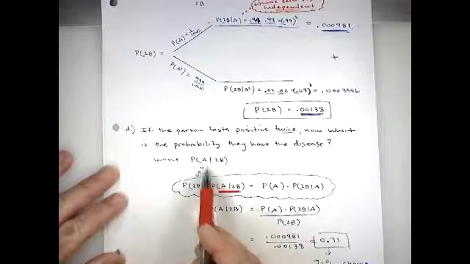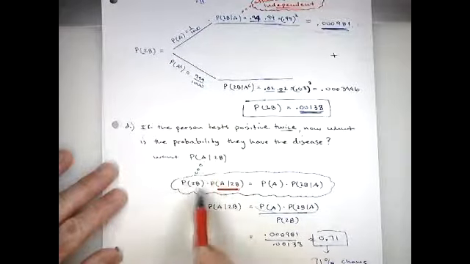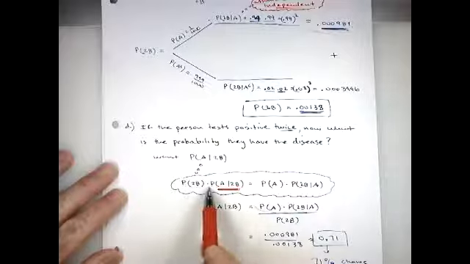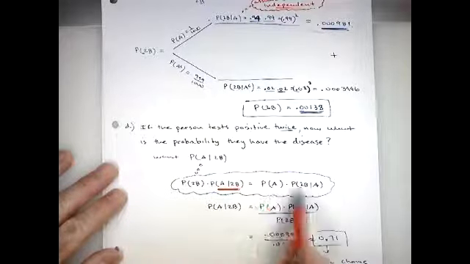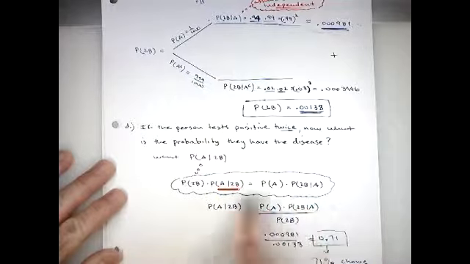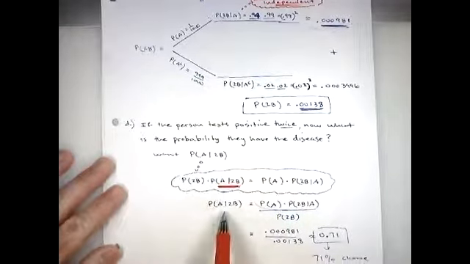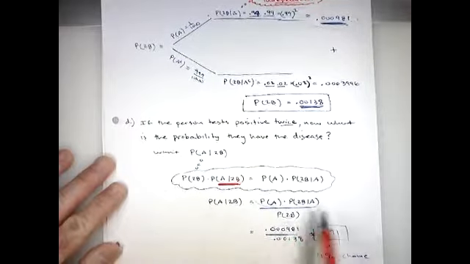And this is what I would be thinking about with Bayes' theorem. The probability of 2B times the probability of A given 2B would have to equal the probability of A times the probability of 2B given A, right? In other words, just reverse them. This is what we're looking for. So we can divide by the probability of 2B.